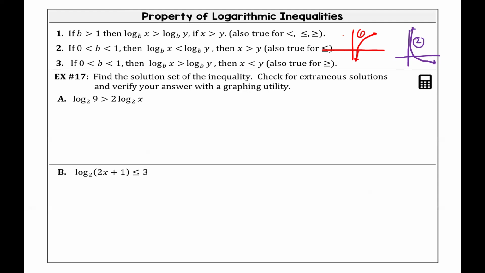Okay. Next, if the log base b is between 0 and 1, then log base b of x is greater than log base b of y, then x is less than y, also true for less than or equal to. Oh, because when you do reflections it goes across to the other side.